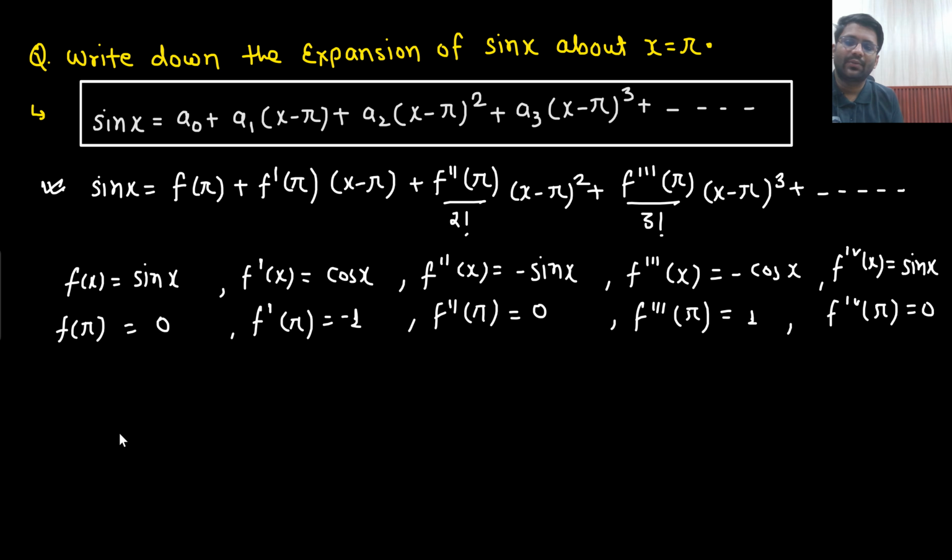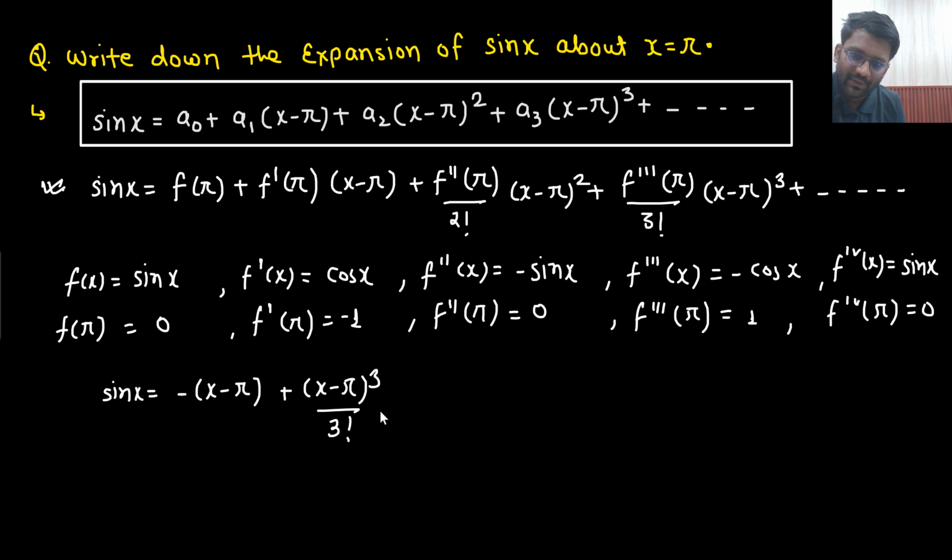So basically I have understood that sin x would be written as: this is becoming 0, f dash pi is minus 1, so minus x minus pi, the next term is coming out to be 0, the next term is x minus pi whole cube divided by 3 factorial, then again minus would come up, x minus pi to the power 5 divided by 5 factorial, then again plus would come up, so this plus minus will be followed and I will get the answer.